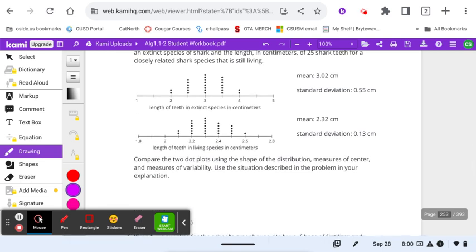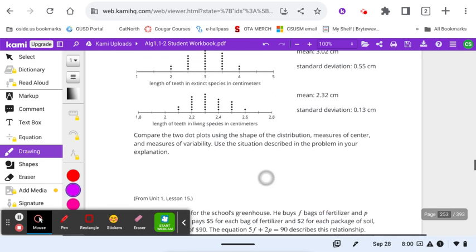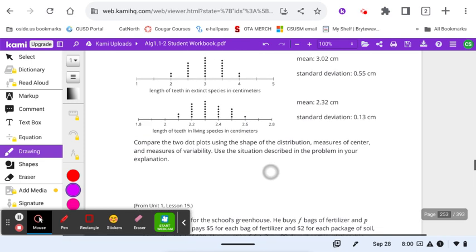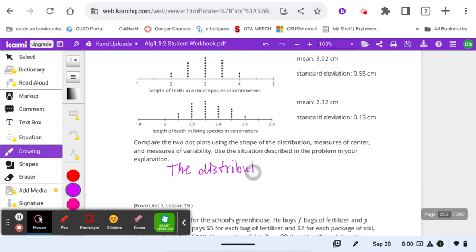Compare the two dot plots using the shape of the distribution and the measures of center. Use the situation to come up with an explanation. So we would say the distributions have similar shape. Do you remember what kind of shape this looks like? It was called bell-shaped or normal.